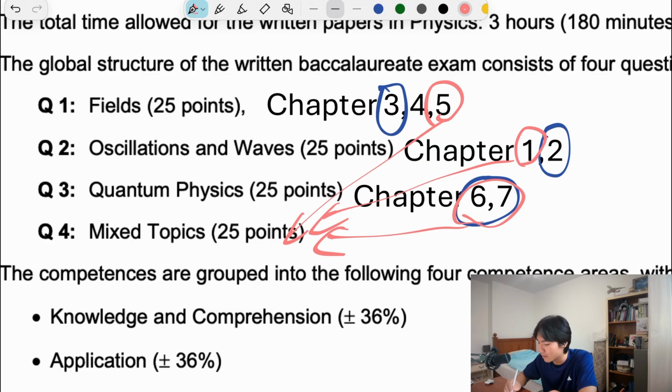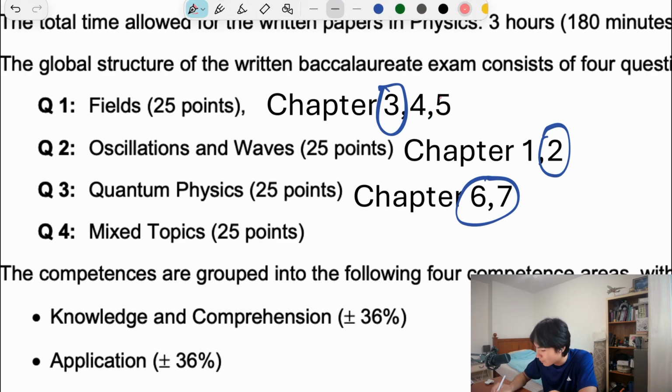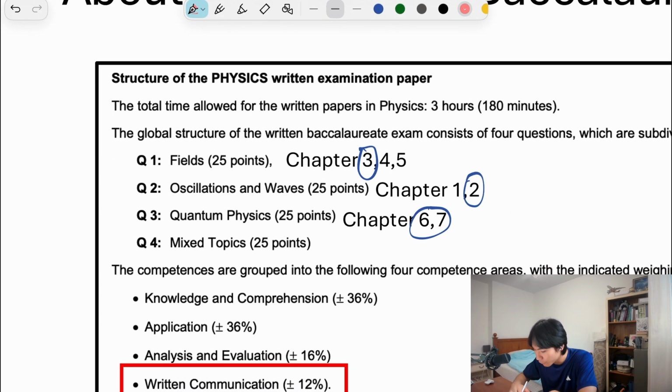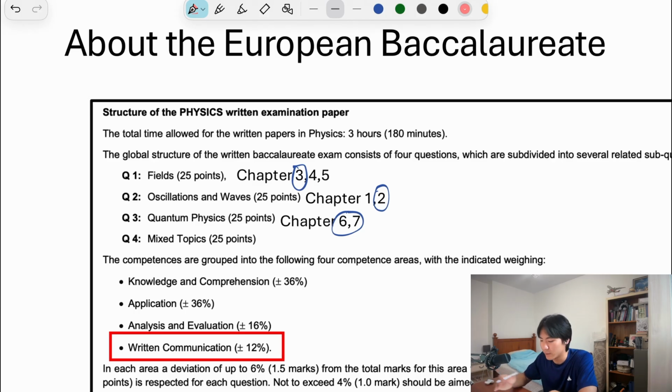They might have short questions, like on Q4 three sub questions, on Q5 and chapter 5 maybe two sub questions on chapter 1, and maybe just a very short definition for chapter 6 and 7. So it really depends on the year, because I feel like the European Baccalaureate changes the exam paper a lot every year. So you just have to be ready for anything, basically.